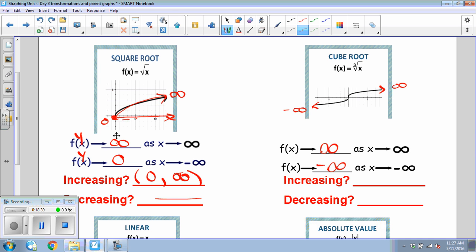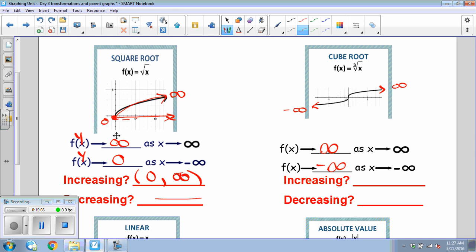So, it's increasing from negative infinity to -3. Y'all see that? And it's also increasing from 1 to infinity. Do you see that? But it's decreasing from -3 to +1. Do y'all see that? So that's how, when they're talking about increasing and decreasing, it's an interval for which that graph is increasing or decreasing. Sometimes it's only one, sometimes it's both.